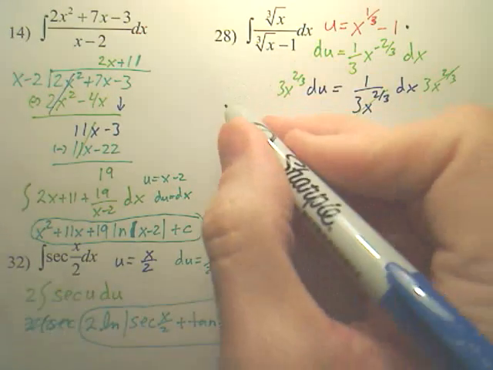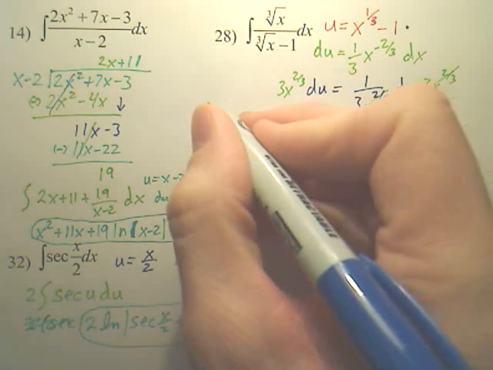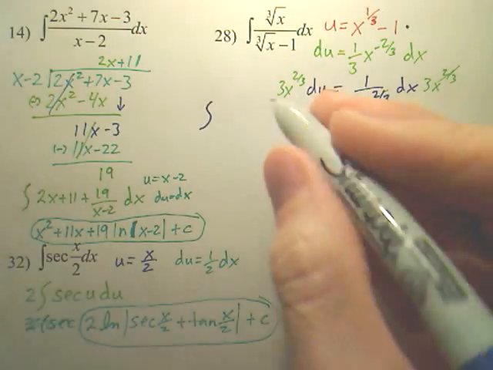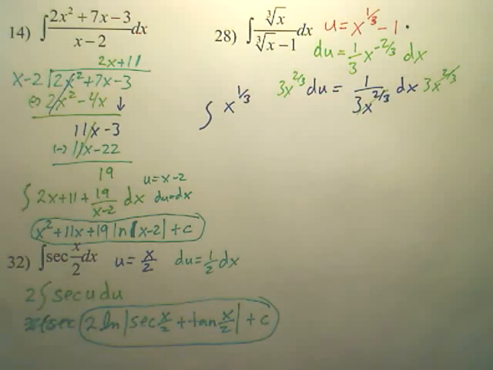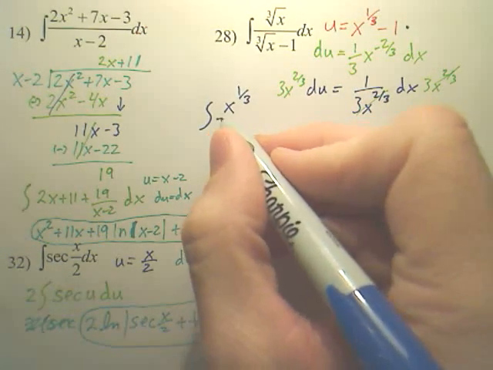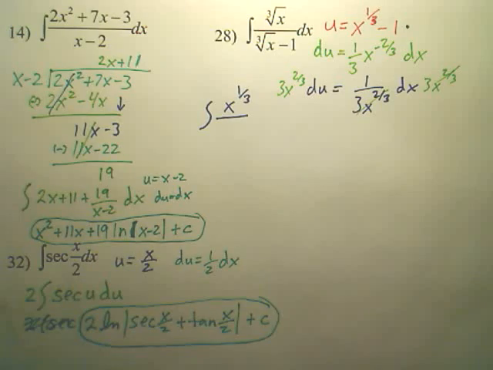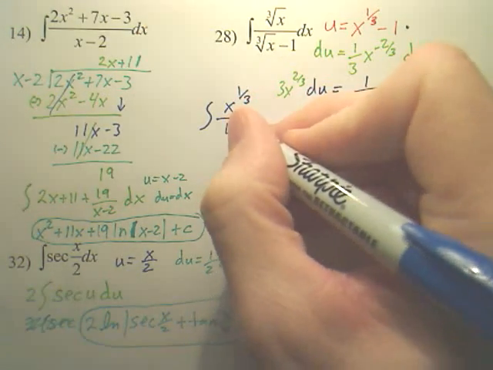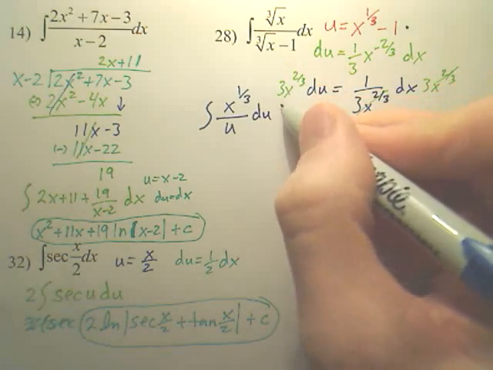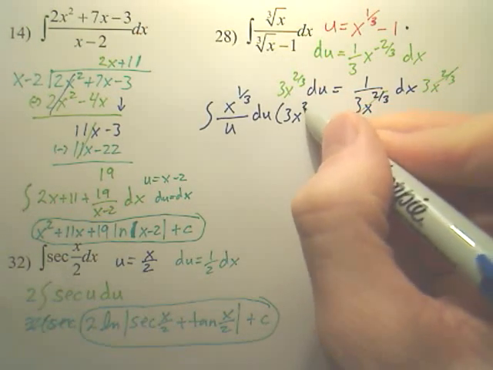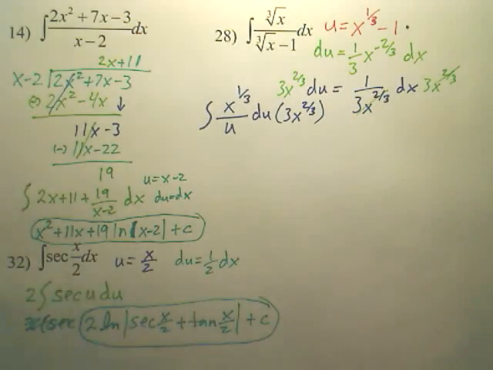So what this ends up looking like, it's kind of creepy, but you now have x to the 1/3 right here. Okay? And you have a u on the bottom, you have a du, and you have this 3x to the 2/3.